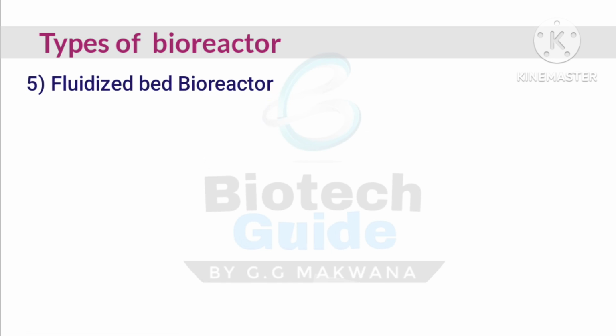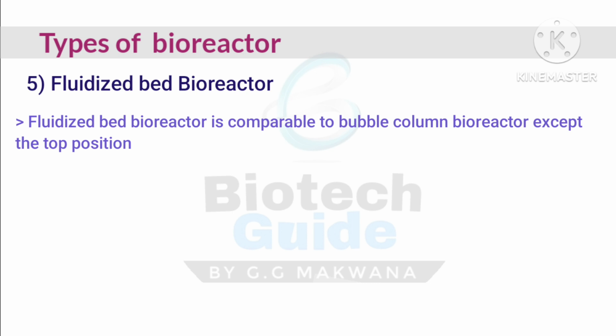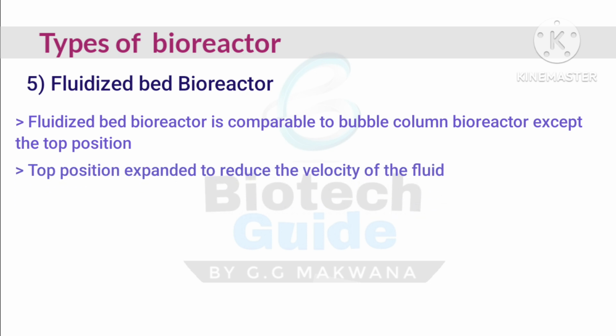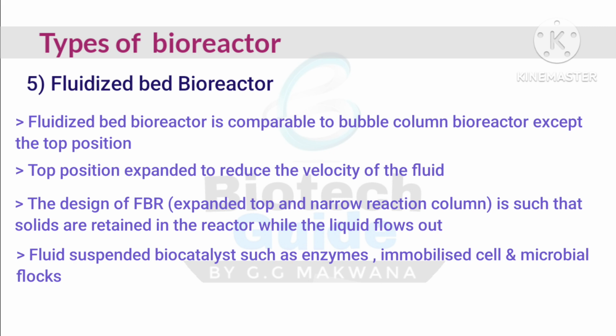Next, fifth, fluidized bed bioreactor is comparable to bubble column bioreactor except the top portion. The top portion is expanded to reduce the velocity of the fluid. Basically, the design of an FBR is such that solids are retained in the reactor while the liquid flows out, and the bioreactor is suitable for carrying out reactions involving fluid-suspended biocatalysts such as enzymes, immobilized cells, or microbial flocs.